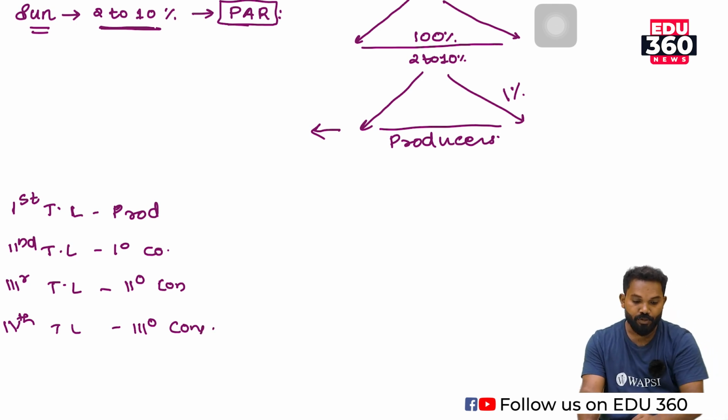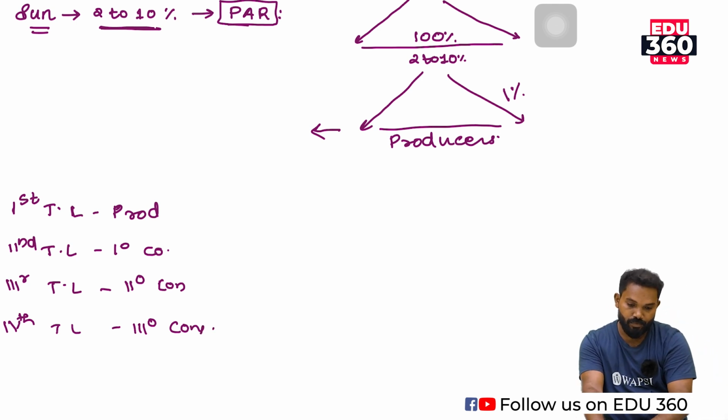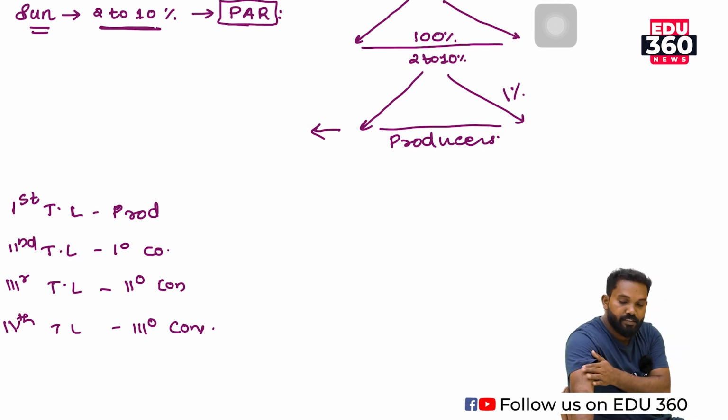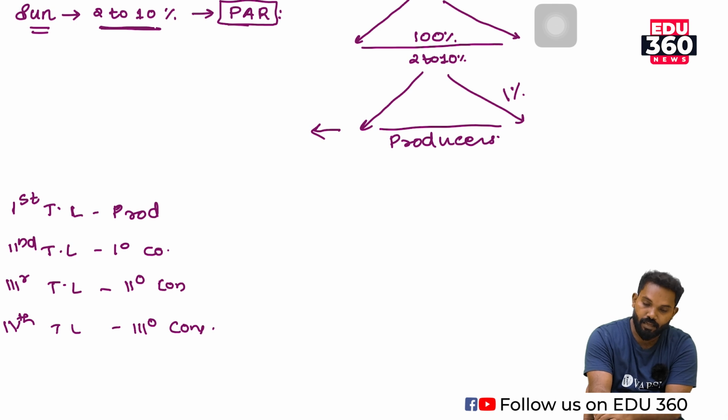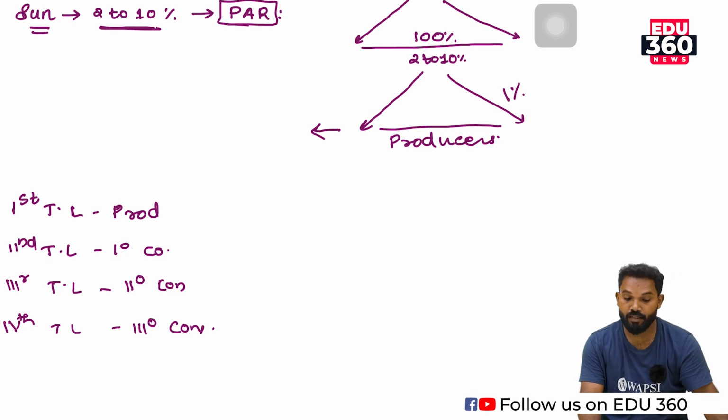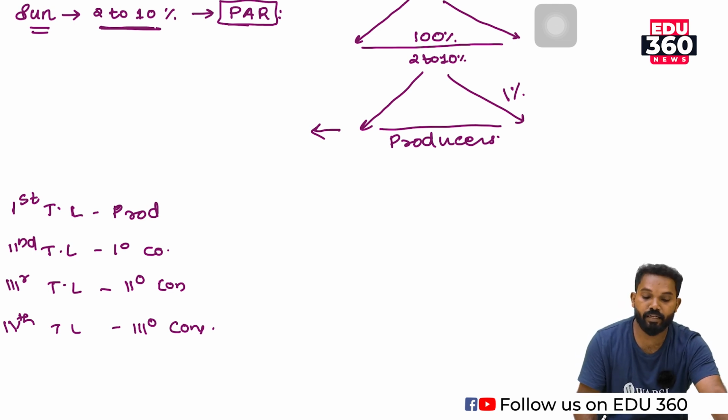So producers capture energy and transfer energy to the next level. There is a huge loss of energy, and only 10% of the energy of the previous trophic level is captured by the next trophic level.